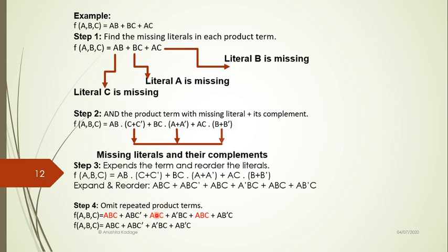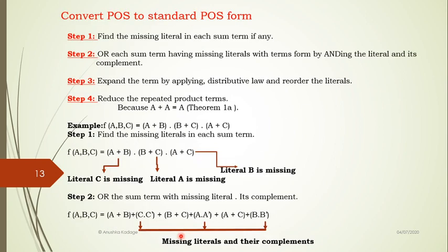Again ABC is ORed with this ABC, so the result is ABC. The remaining terms we take as they are in this expression. Similarly, when we are converting a product of sum to the standard product of sum, the first step is the same, that is we have to find out the missing literal in each of the sum terms.